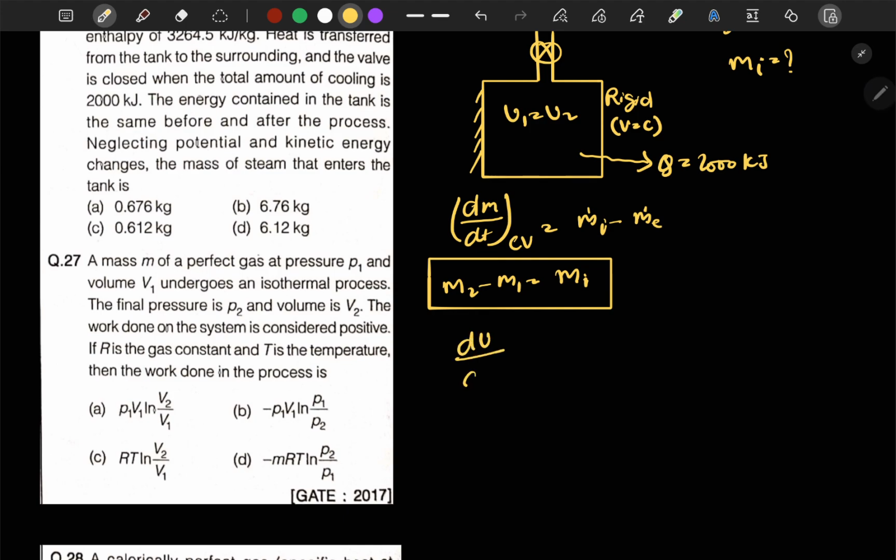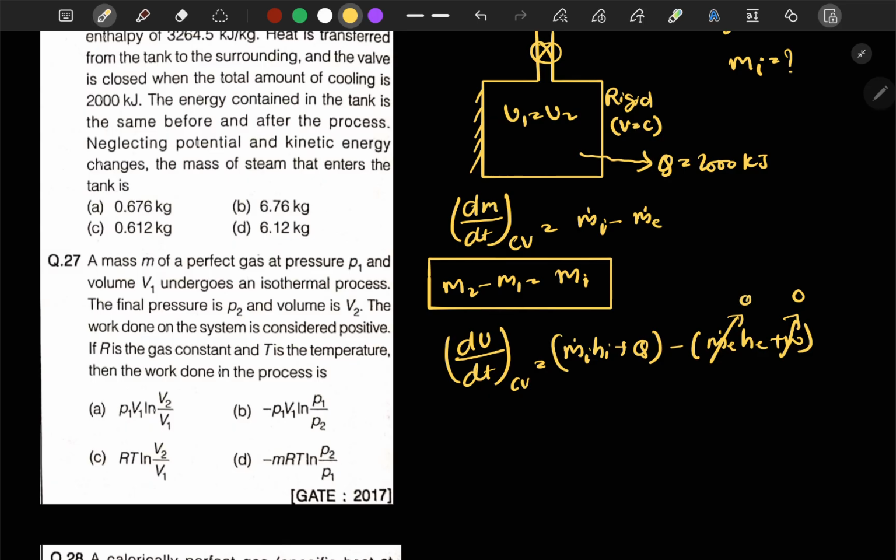The energy conservation equation represents dU by dt at constant CV is equal to m dot i Hi plus Q minus m dot e He plus W. This W is 0 and this Me is also 0.